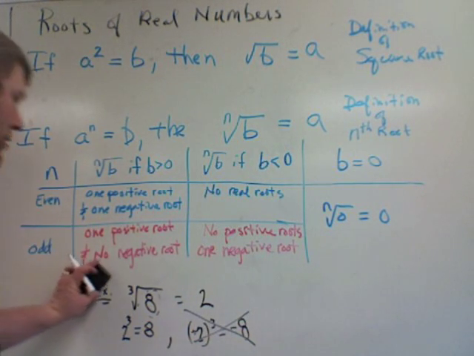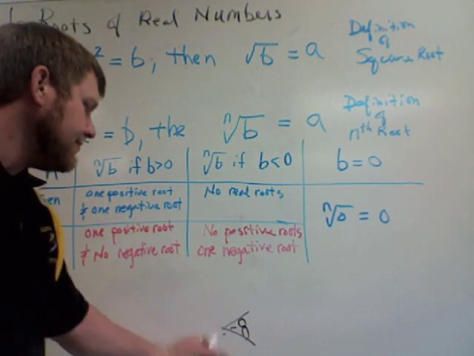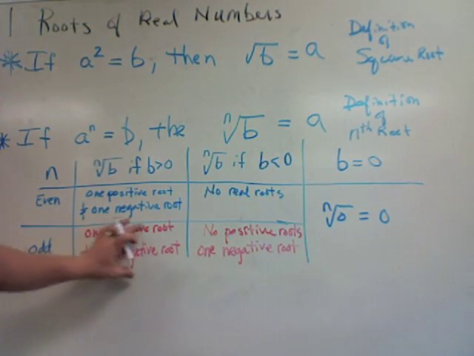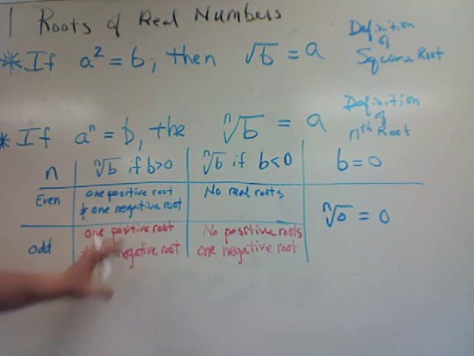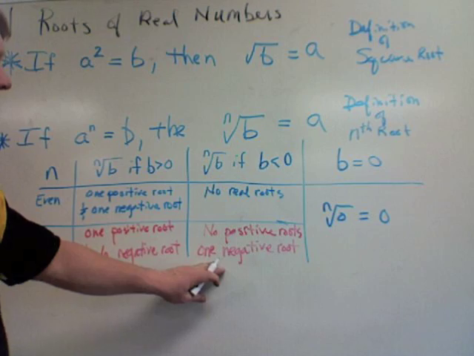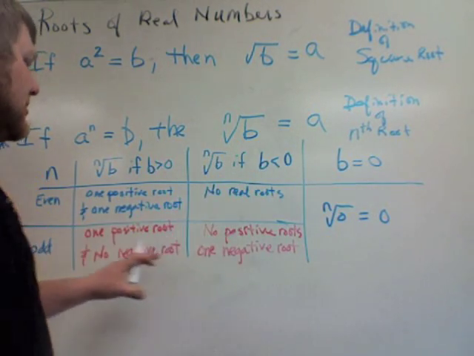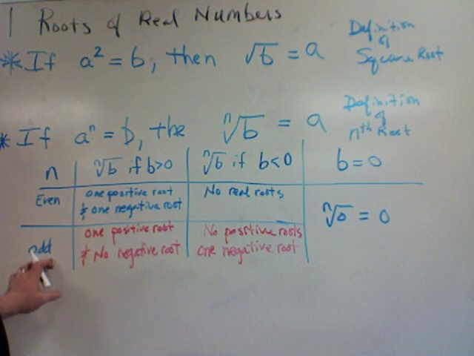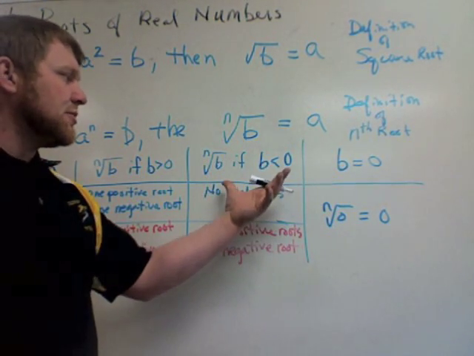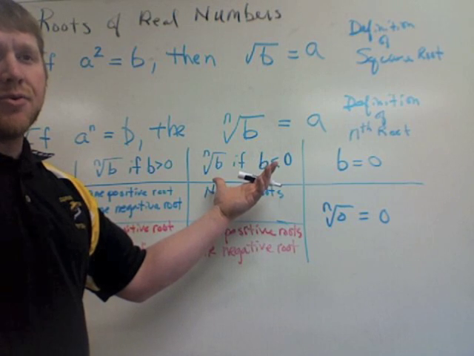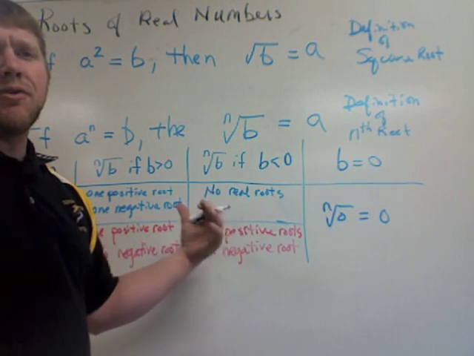Okay, so that satisfies this corner of the chart here. Now going here: b is less than 0 and n is odd. Since we're taking an nth root of a negative number, you'd assume there would be no solutions.